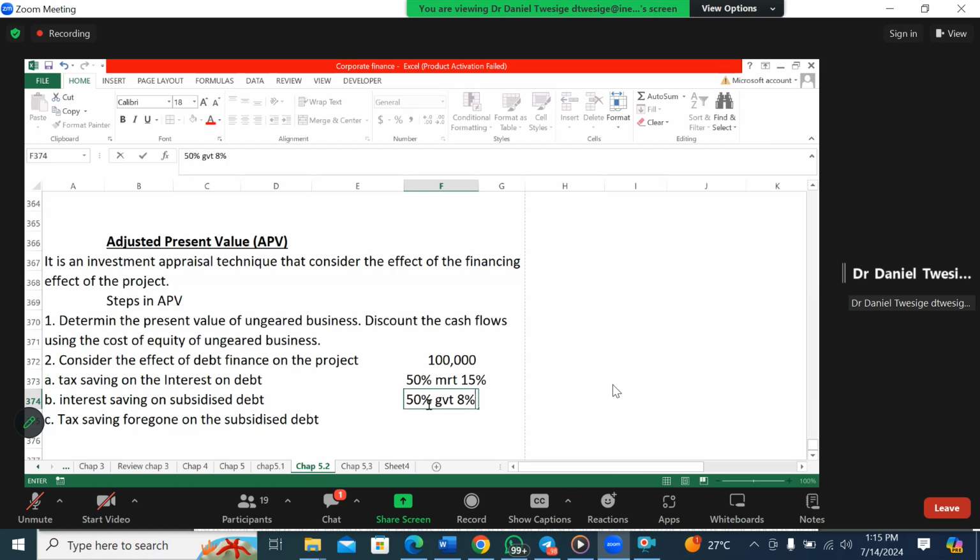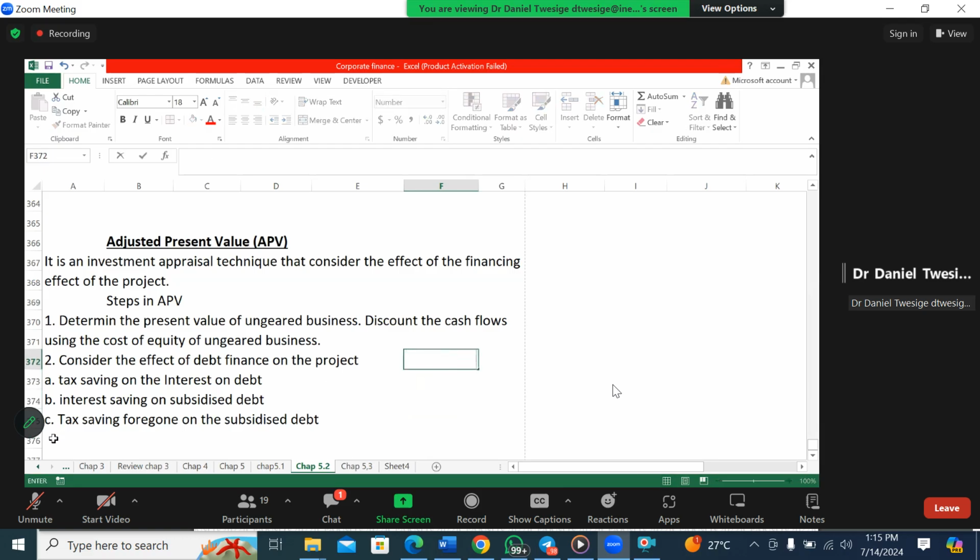What does it mean? It means if I take this loan at 8%, I'm going to forego a tax saving at the rate of 7%, which should be recognized. That's what I was saying. We shall look at that maybe when we're looking at an example.